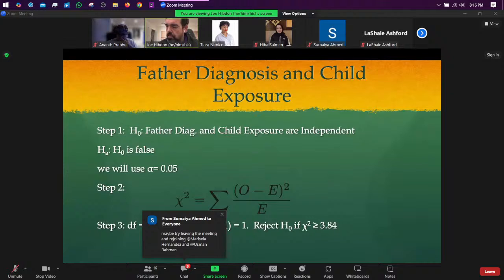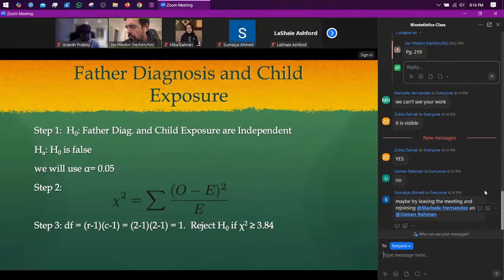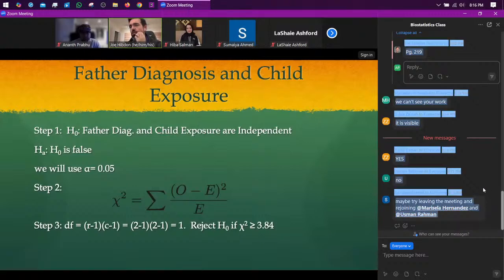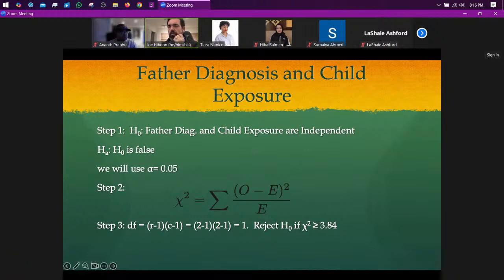So first we want to say the father diagnosis and child diagnosis are independent. Basically, remember this is categorical. Yeah, that's good advice, Samaya, try leaving and coming back in. But it's categorical, right? Because we've put the number of children and the fathers in two different categories.